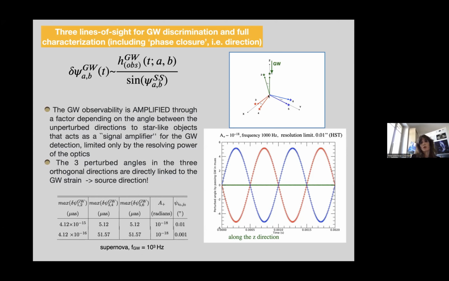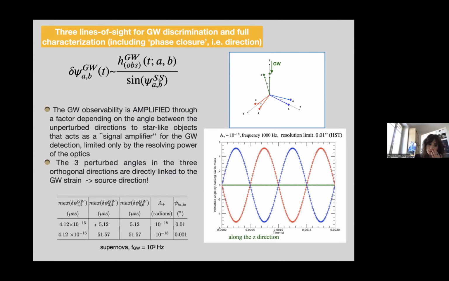Because of course, if for example gravitational waves propagate along z, the astrometric signal will be completely zero along the propagation direction of gravitational waves, since it depends on the strain, and simultaneously in the other directions it will be maximal, and we can measure the gravitational wave.